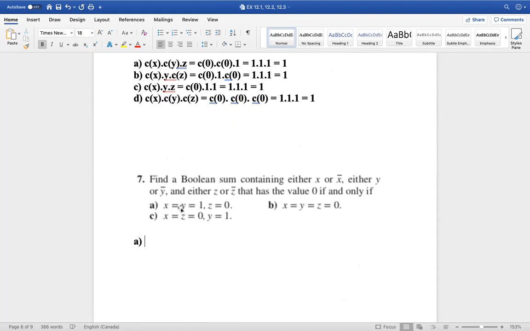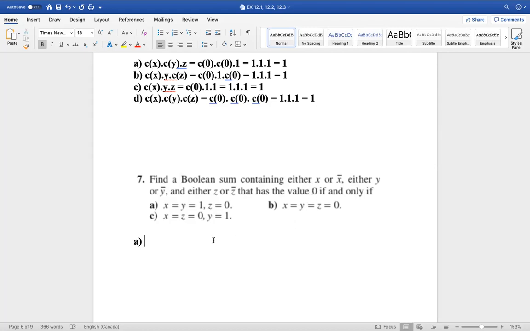Here the first one: x equals y equals 1 and z equals 0. Here we have to make sure that each term has the value 0. We don't check for the value 1, we check for the value 0.